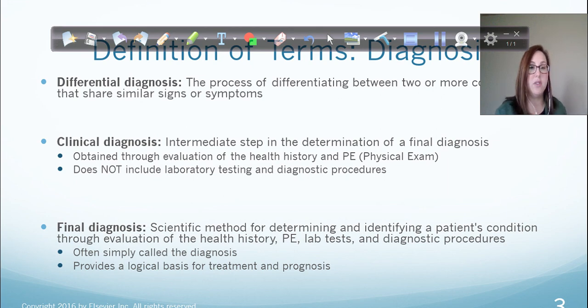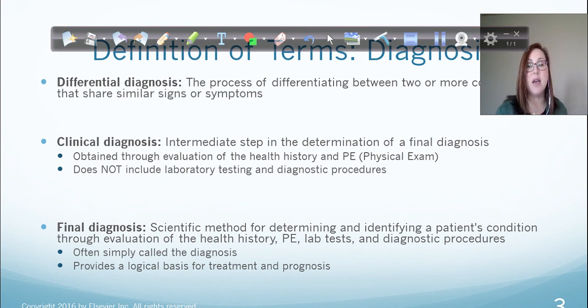The final diagnosis is the scientific method for determining and identifying a patient's condition through evaluation of the health history and the physical exam, and this part includes any lab test or diagnostic procedures. This is just overall often called the diagnosis, or what's causing the problem.